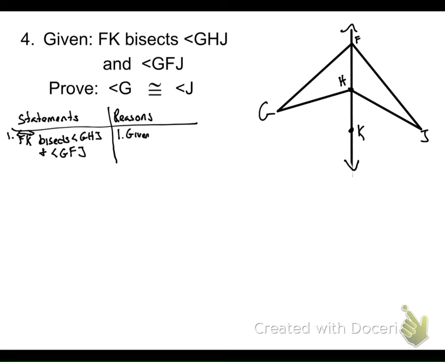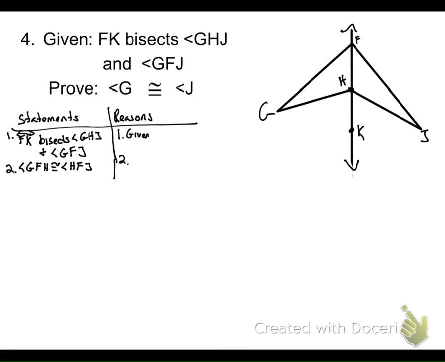That means that GFH and HFJ have to be congruent, because it's being bisected, cut into those two parts. So we know that we have angle GFH, which is congruent to angle HFJ.